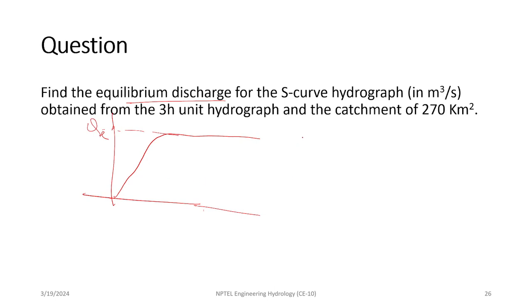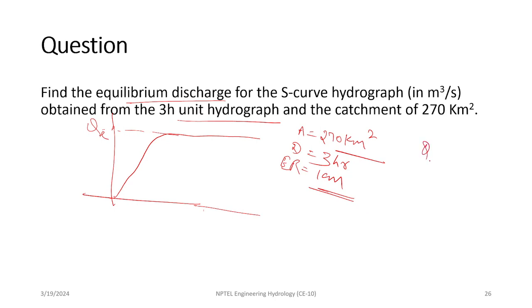The additional information is that the area of the catchment is given, 270 kilometers square. The duration of the rainfall is 3 hours, and the unit hydrograph is mentioned, meaning effective rainfall of 1 centimeter. Now we want to compute the equilibrium discharge.